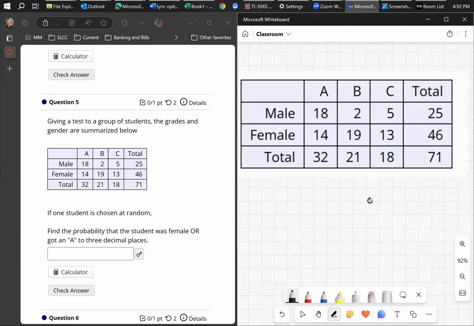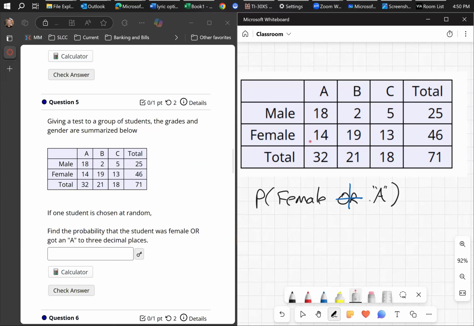If one student is chosen at random, find the probability the student was female or got an A. Okay. Well, "or" is essentially when we add the probabilities together. But here we have a 2-way table. So instead of the formula, we could just count them directly.